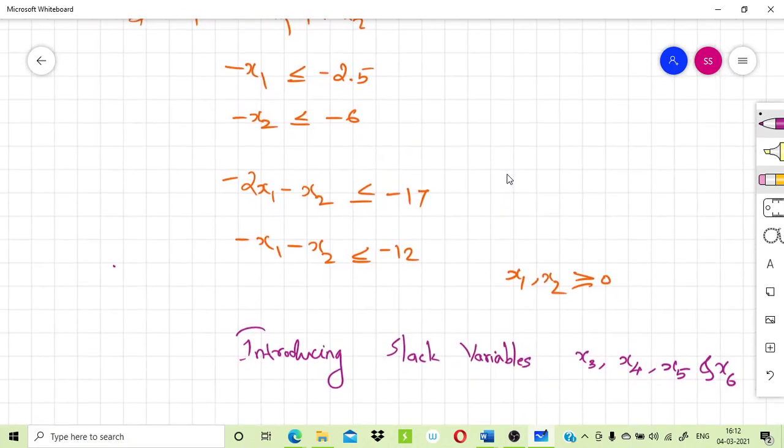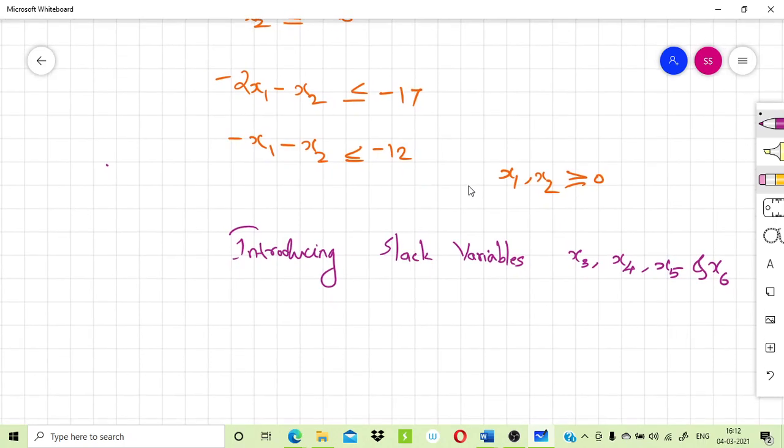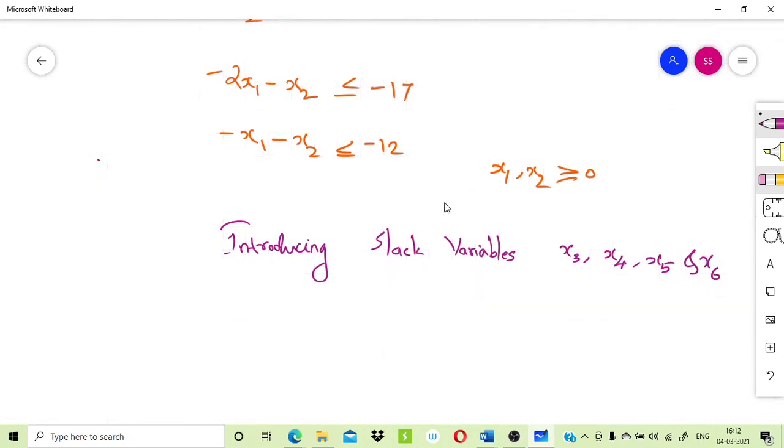We need to observe that these are less than or equal to inequalities, so we add slack variables.